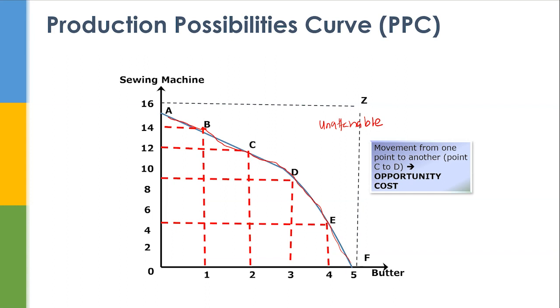And then we have the opportunity cost, the third concept. Okay. Kalau the third concept ni, Jaya must forgo sewing machine if it wants an additional 1,000 kilogram of butter. So, contohnya, if you see point C and point D. Kalau katakan sekarang Jaya ada choice. Whether dia nak pakai point C ke atau point D ke, point A ke, point B ke, point E ke, point F ke.